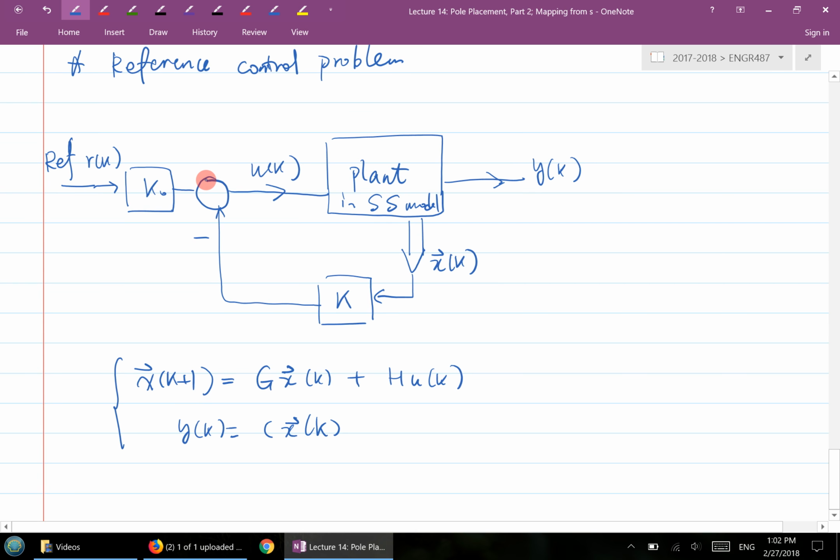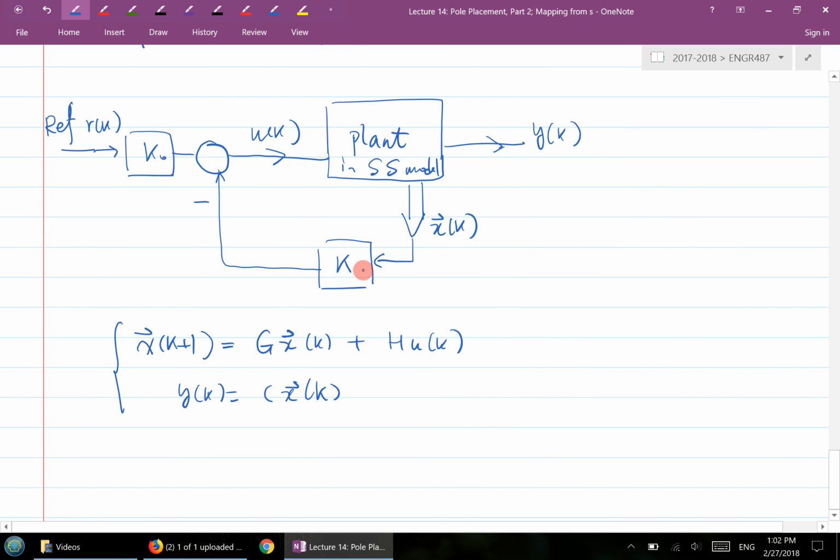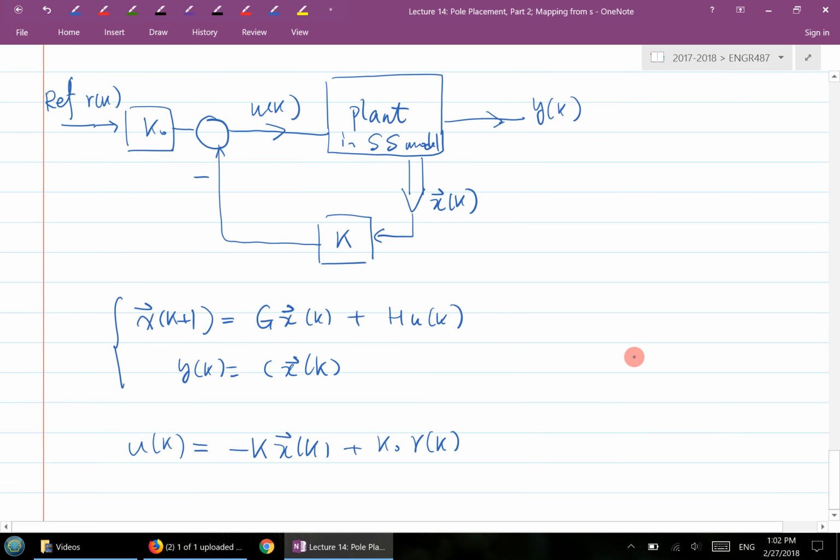But the control is different now. You see your control input u of k, instead of just equal to negative K times x of k, you have a K naught times the reference input r of k here. This is a different control input compared to the regulation problem. In the regulation problem, you don't have the K naught times r. Here you have an additional K naught times r of k.